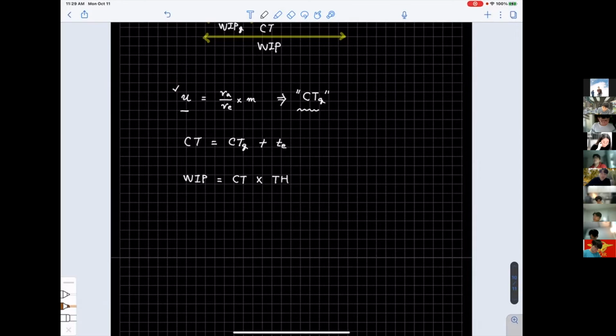And in our serial production line, we will replace this throughput as RA, the arrival rate at the first machine, and insert this result here.